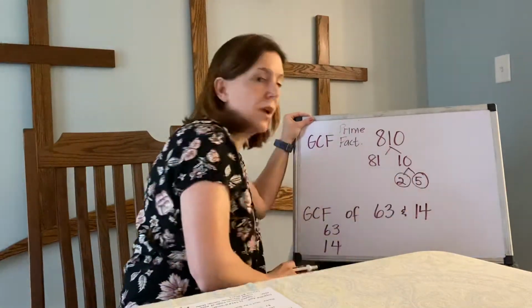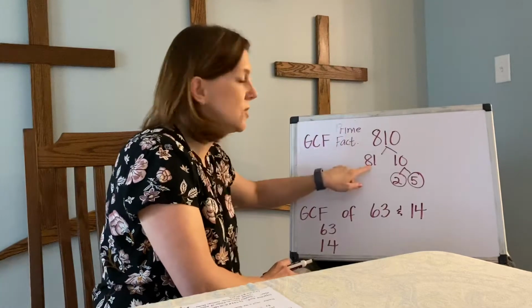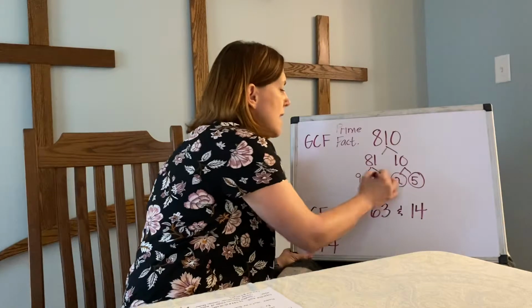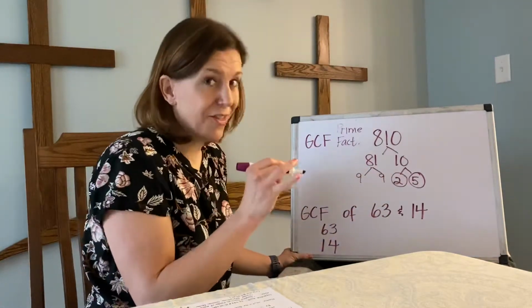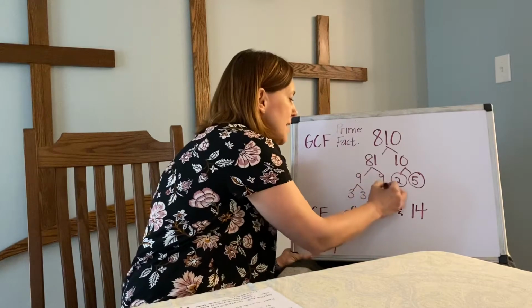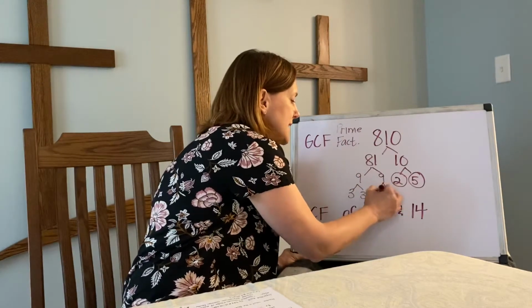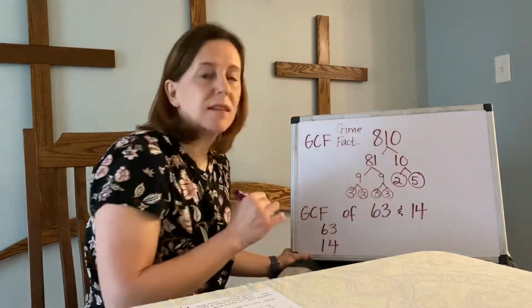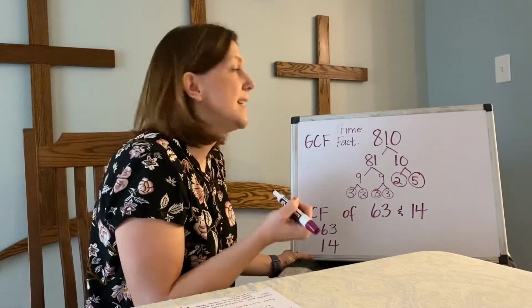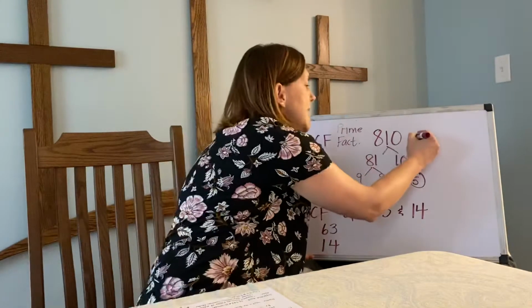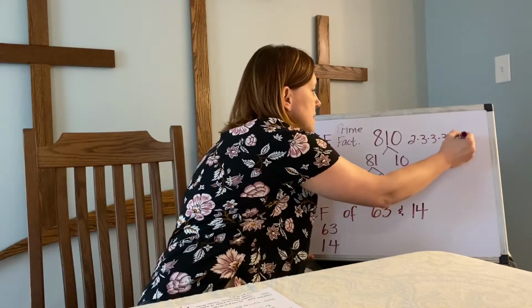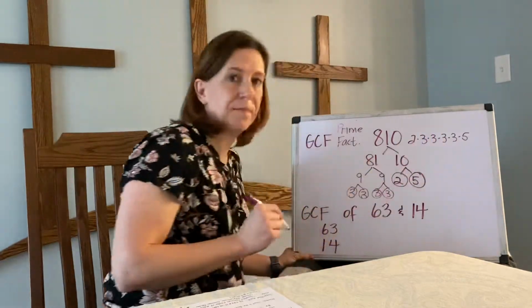So at this point, that part is done, but I still need to deal with 81. 81 breaks down to 9 and 9. Well, neither of those are prime numbers. I have to keep going. So I get 3, 3, 3, and 3. And it's helpful if I want to go ahead and circle the prime numbers. So the prime factorization of 810 is actually 2 times 3 times 3 times 3 times 3 times 5.